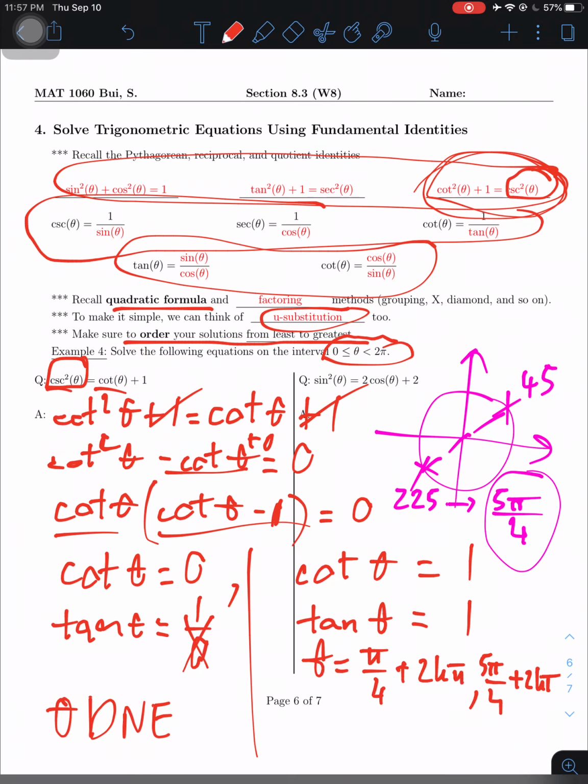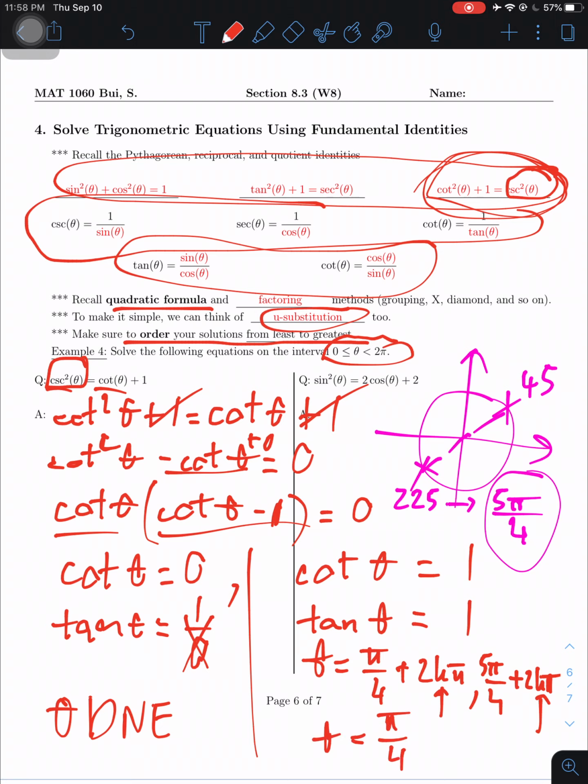In either way we have to plug in k values. So in here we're going to plug in k equals 0 and k equals 1, and so on. Fast forward, you're going to get theta equals pi over 4, also 5 pi over 4, because if you go for more, you're not going to get an answer. So these are part of the answers.